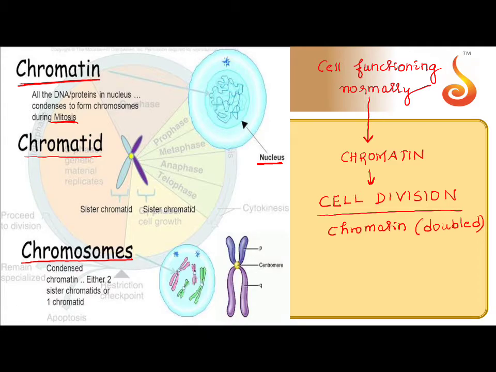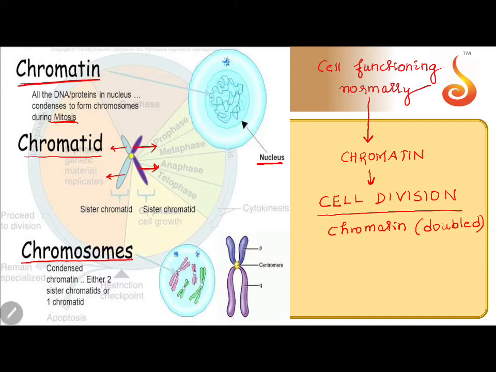So that one copy of chromatin along with the duplicated copy or replicated copy, whatever is shaded purple in this picture, is the original chromatin, and whatever is shown in sky blue is the replicated part of it.